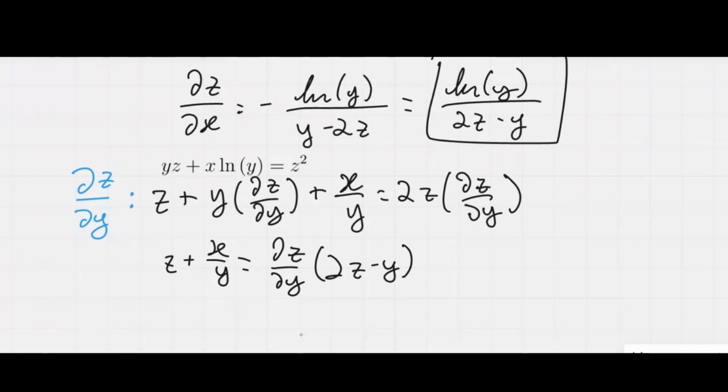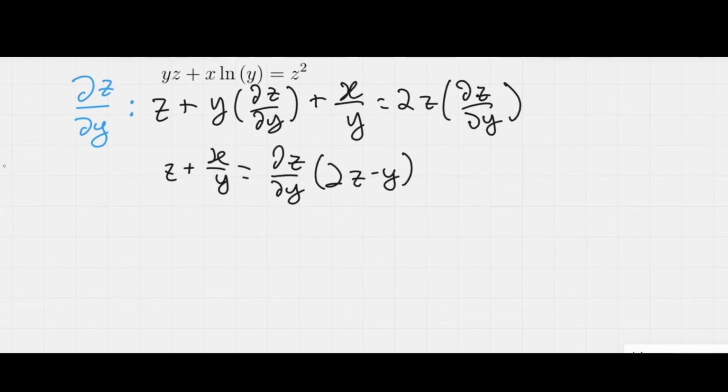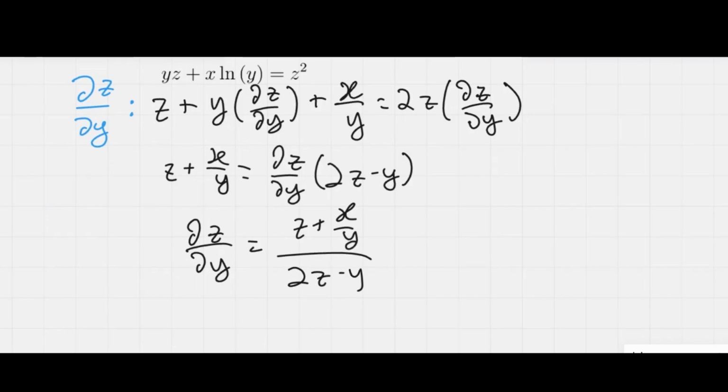Simplifying this out, we have del z over del y being equivalent to z plus x over y over 2z minus y. However, I'm not a huge fan, again, of the fact that there's a fraction in the numerator itself.